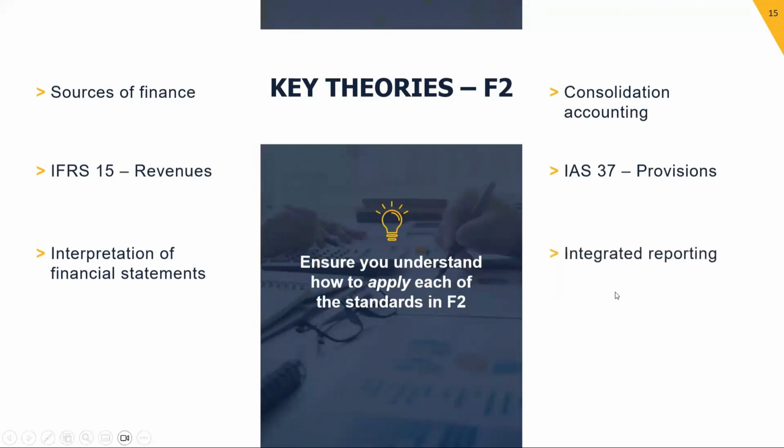Integrated reporting is another relevant area of F2. This is a listed company, Flathall. And integrated reporting is about reporting on those 6 capitals. So, for example, human capital. And you must make sure that you're aware of what integrated reporting is and what types of things you think that Flathall would therefore report under those 6 capitals.